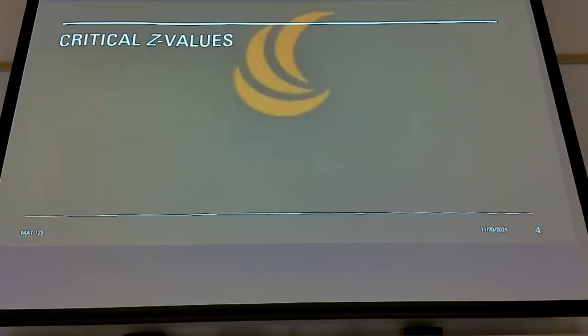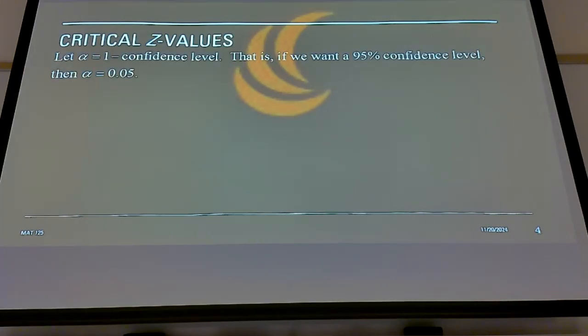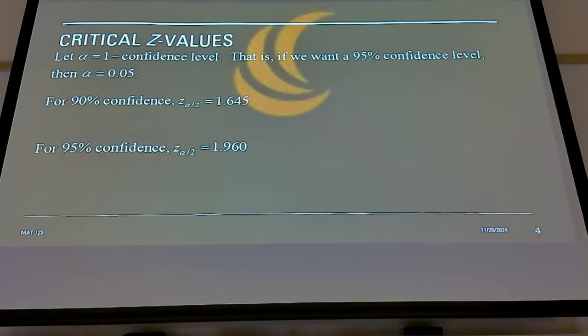As a refresher, common critical values. Again, alpha is 1 minus your confidence level. 90% confidence gives us a critical value of 1.645. 95% confidence is 1.960. 98% confidence, 2.326.